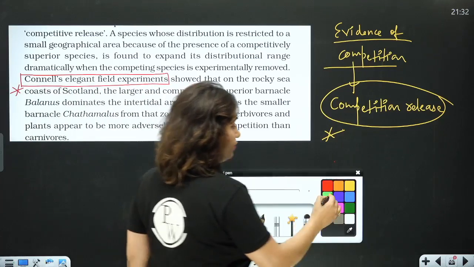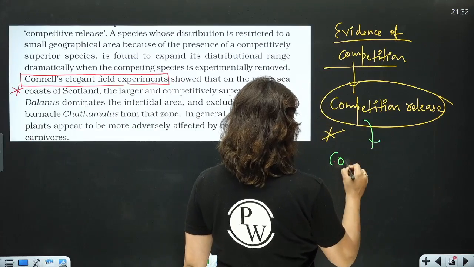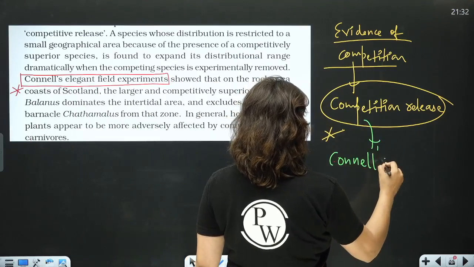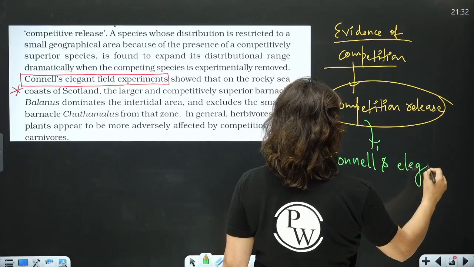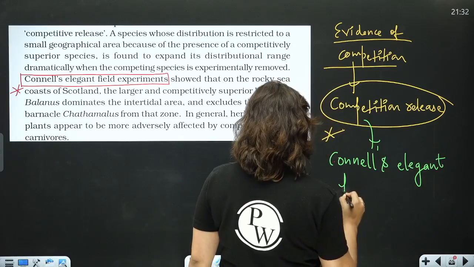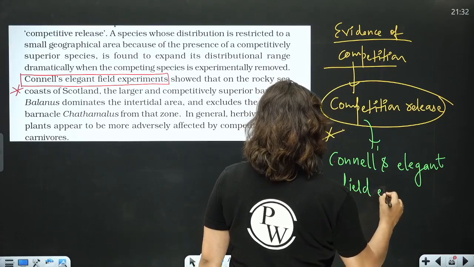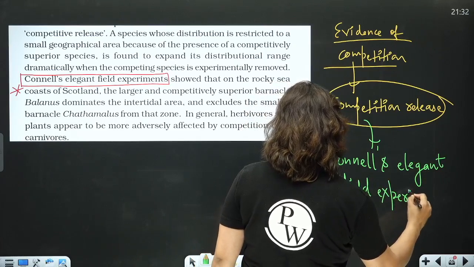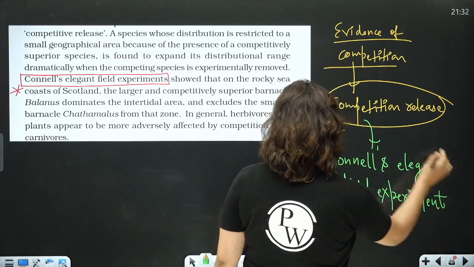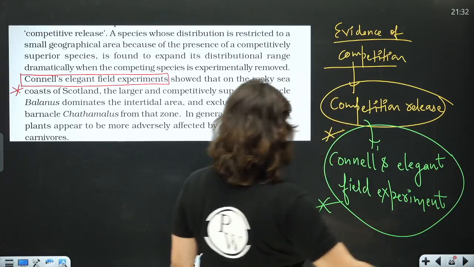Competition release can be understood by Connell's elegant field experiment. This question comes directly. What is this experiment which is giving us the proof of occurrence of competition?